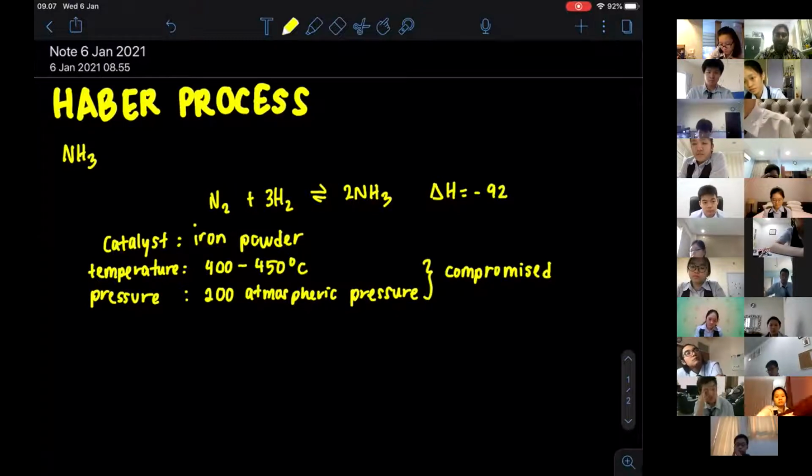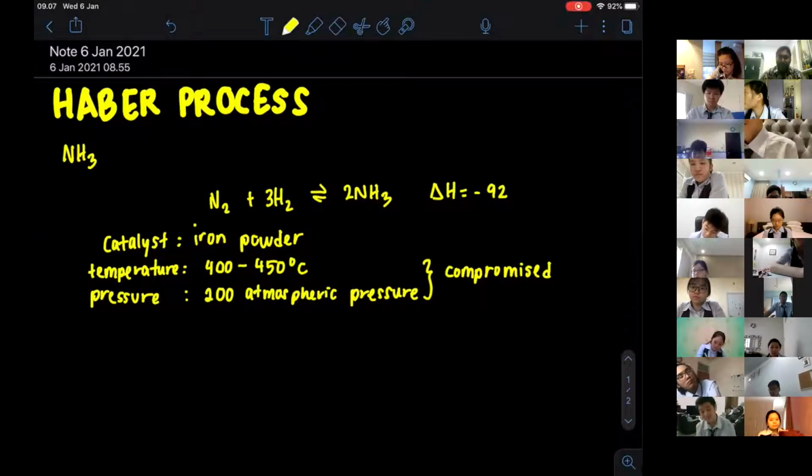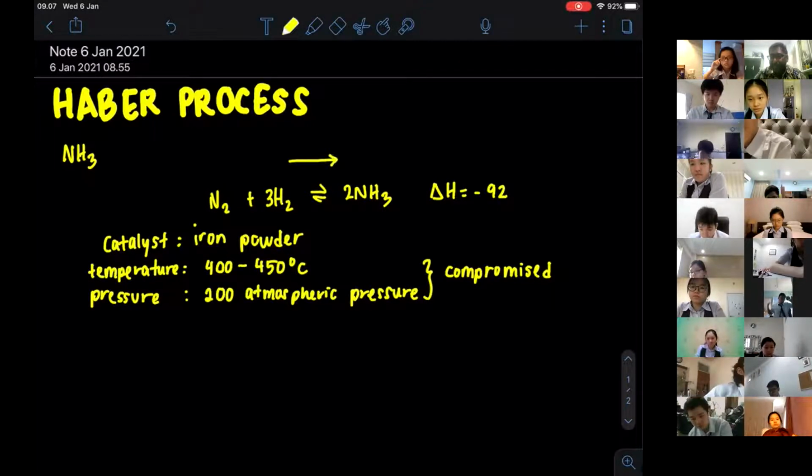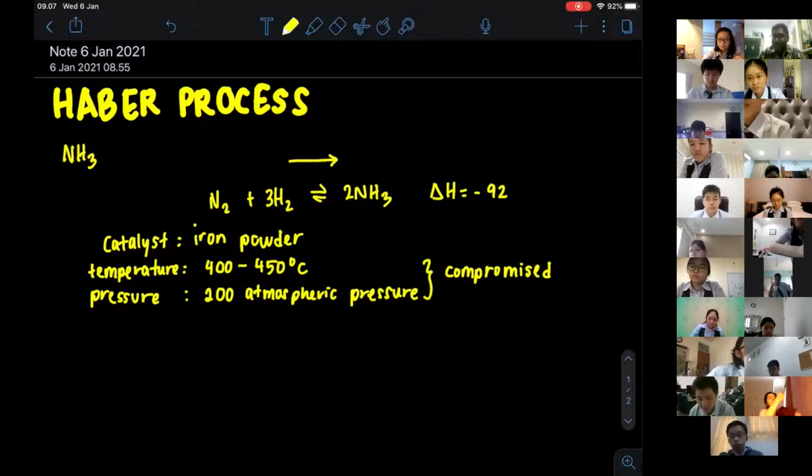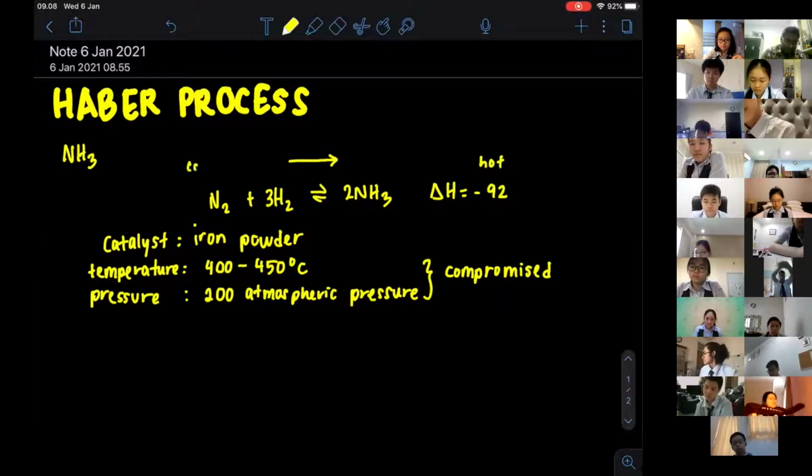If I use a high temperature, because we want the position of the equilibrium to be shifted to the right, we know that this is exothermic, so this is hot, and this is cold.